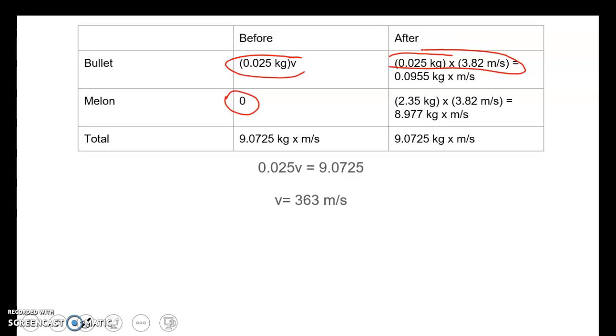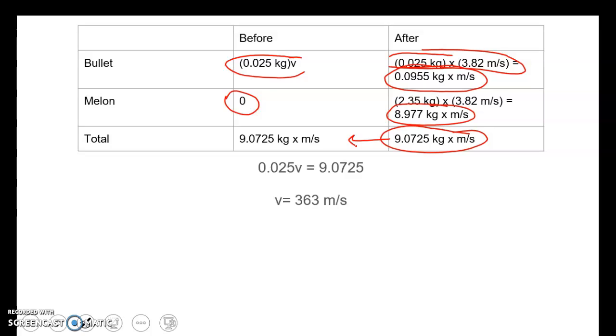So we put our mass in kilograms, and we multiply it by the speed of the watermelon-bullet combo, and we get the momentum of the bullet. And then we also find the momentum of the watermelon. We add those together, and we find our total momentum afterwards is 9.0725, which means, conservation of momentum, the momentum we start with is also 9.0725.